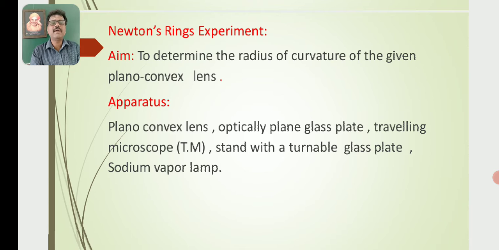The apparatus or equipment required for this experiment are a plano-convex lens, an optically plane glass plate, a traveling microscope, a stand with a turnable glass table, and a sodium vapor lamp.